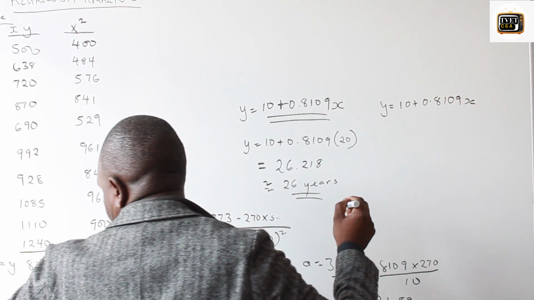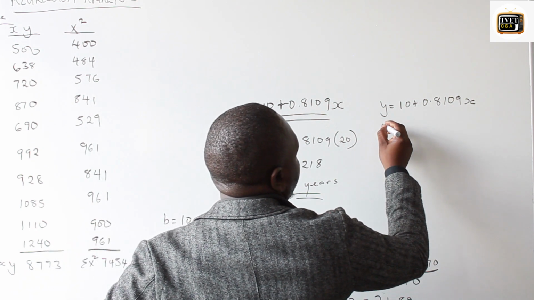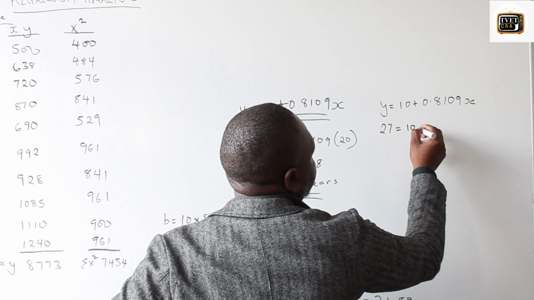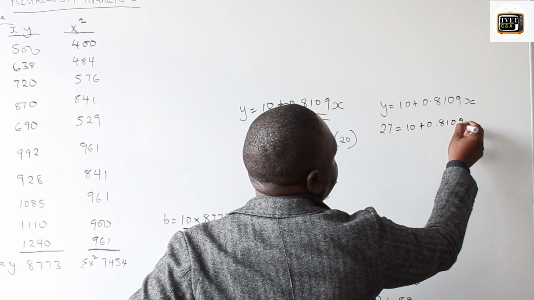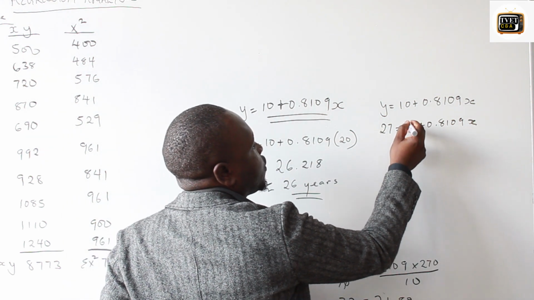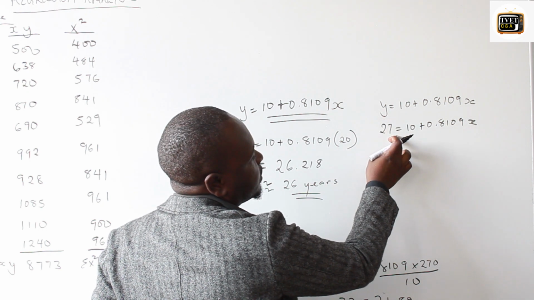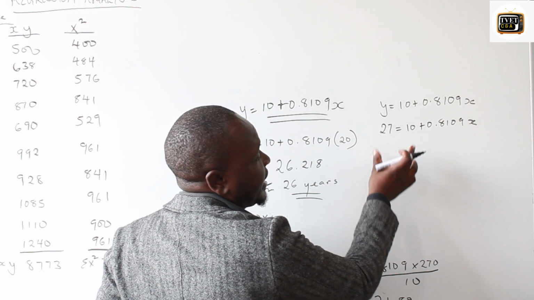You have been told the husband's age is 27 years, so you put y as 27, equal to 10 plus 0.8109x. When a term crosses the equal sign to the left-hand side, it becomes negative.